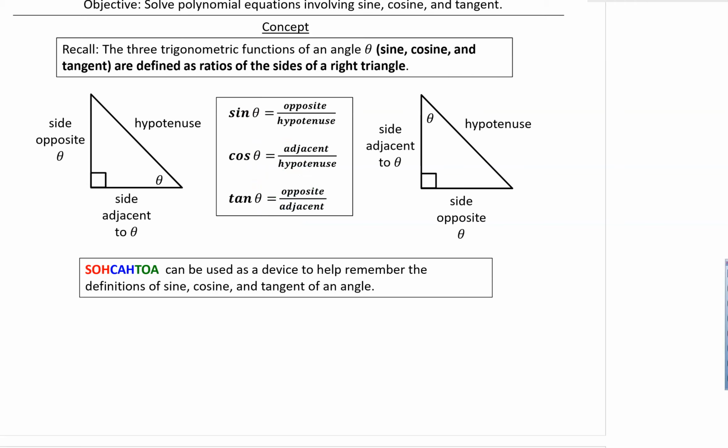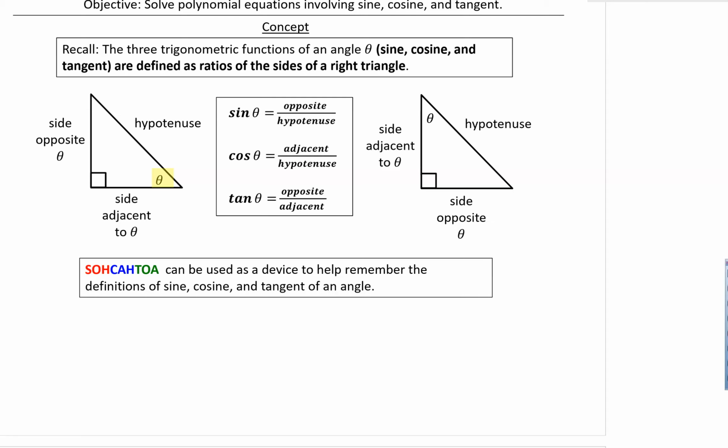The other thing that we have previously learned, and it has been a while, that we'll need to use is our sine, cosine, and tangent ratios in a right triangle. If we have an angle called theta, I would recommend we first identify the three sides of our right triangle.